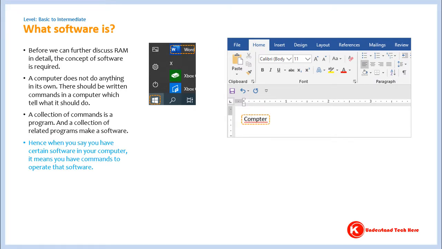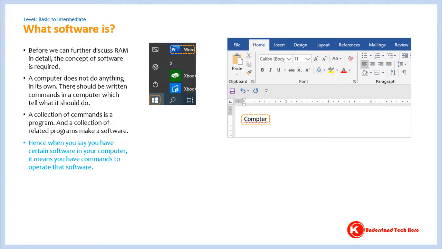On checking spelling, the computer is showing that there is a spelling mistake. Now think again, how does a computer know this spelling is incorrect? There are commands which tell the computer which spellings are incorrect and which are correct. So when you say you have Microsoft Word in a computer, it means you have commands in your computer which operate Microsoft Word. Therefore, when you say you have certain software in a computer, it means you have commands to operate that software.